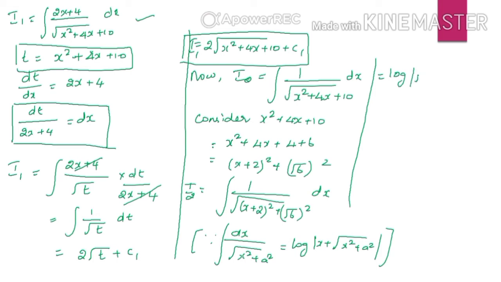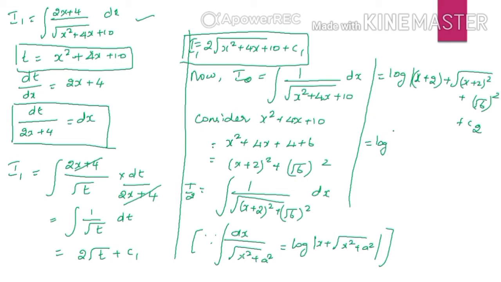So log modulus of x plus 2 plus square root of (x plus 2) whole square plus a square, where a square is (root 6) the whole square, plus c2.